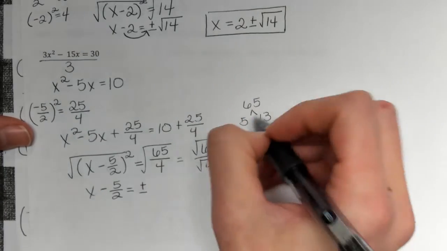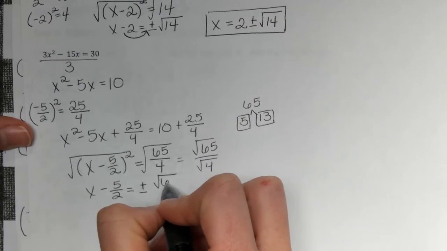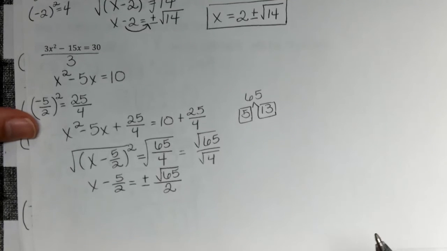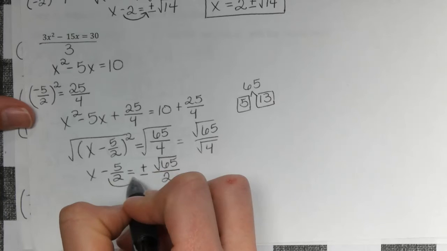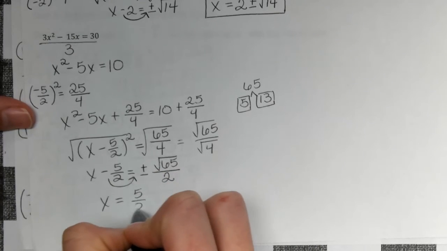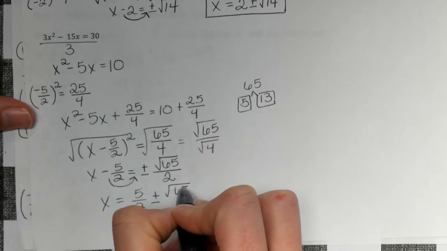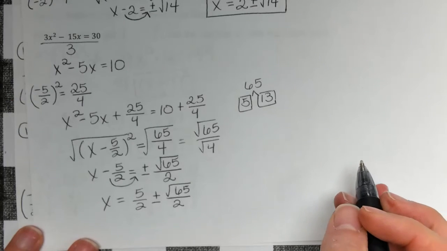I can't do anything with that, so it stays the square root of 65, but my denominator, the square root of 4, becomes 2. Now I take that negative 5 halves and I add it. x equals 5 halves plus or minus the square root of 65 over 2.